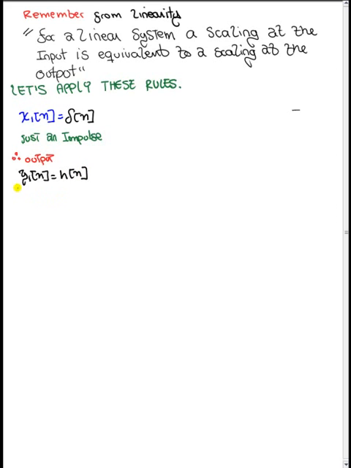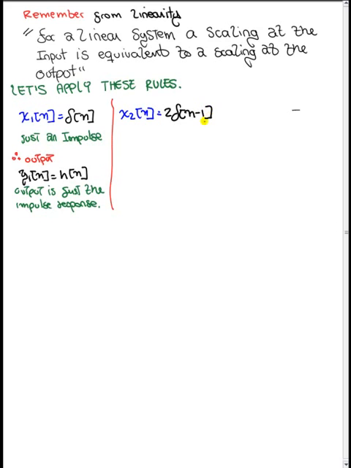So we denote that by saying, alright, it's not too bad. Now it gets more interesting when we talk about the other ones. What about x2 of n? That was the scaled and shifted impulse. Now here is where the LTI concept comes into play, right?